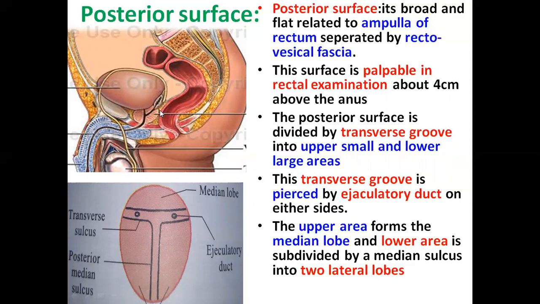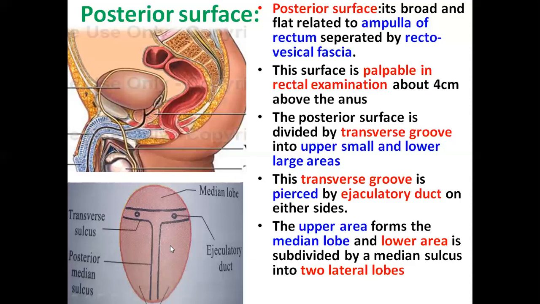And the fascia which is intervening, shown in yellow color here, is nothing but the rectovesical fascia. This surface is palpable in rectal examination. I'll show you. We have the slide of examination in our applied aspects point. When we palpate through the anal canal, we call it per rectal examination, and we can check if the prostate gland is enlarged. Especially, we will be palpating the posterior surface of the prostate gland.